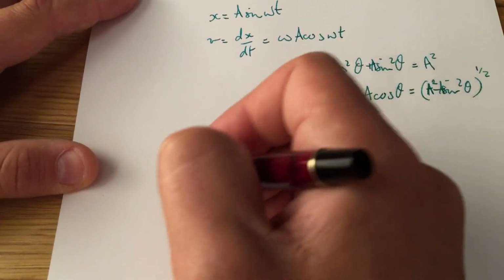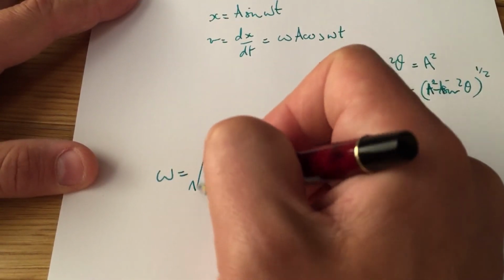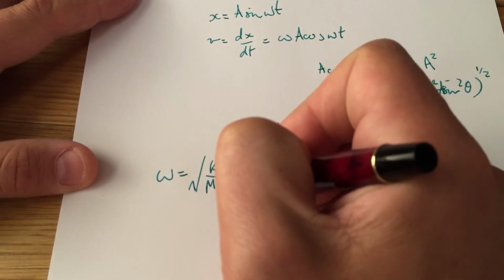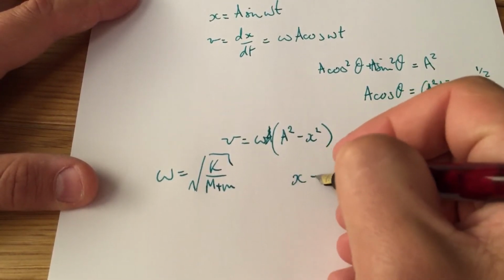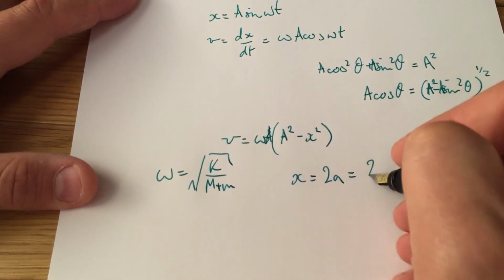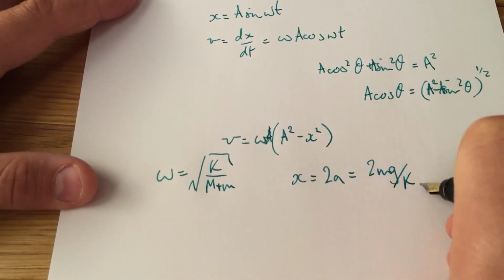Okay, omega is going to be the root of k over m plus m that we talked about before. x, two lots of the displacement, which is 2mg over k that we talked about.